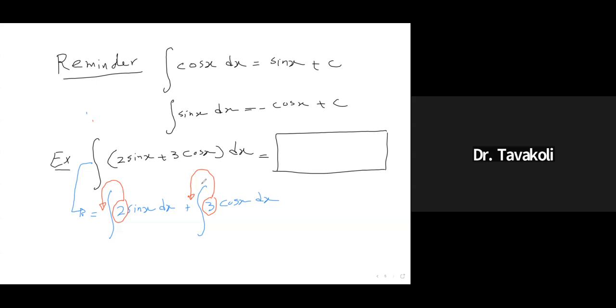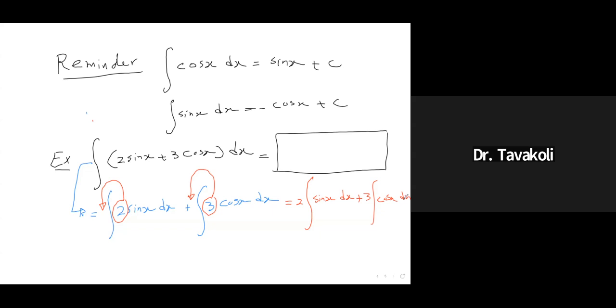But be careful that the variable or any function containing the variable cannot be pulled out of the integral. Just constants can be pulled out of integrals, which means that we have 2 times integral of sine x plus 3 times integral of cosine x.